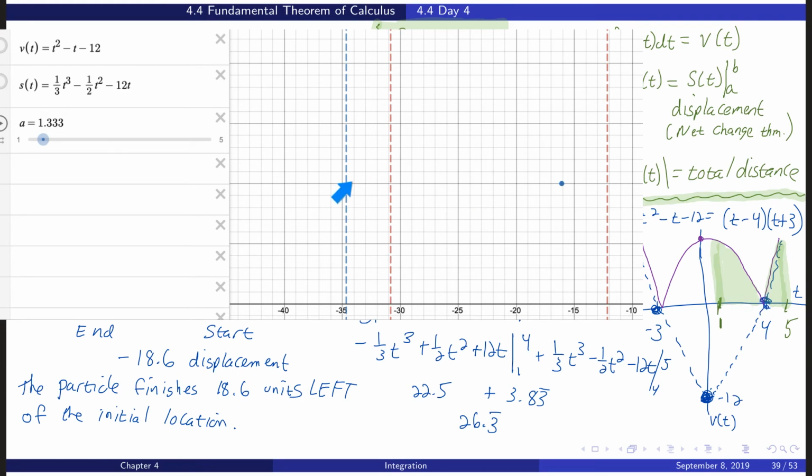Once it started traveling right for the final second, from t equals 4 to t equals 5, it has positive velocity. The starting point was -12 and 1/6. The ending point is right about -31, and the displacement, the difference between those two, is -18.6. Watching one more time.